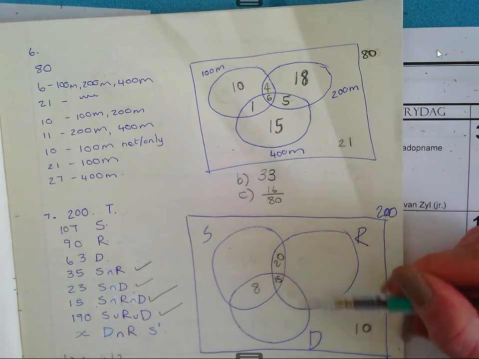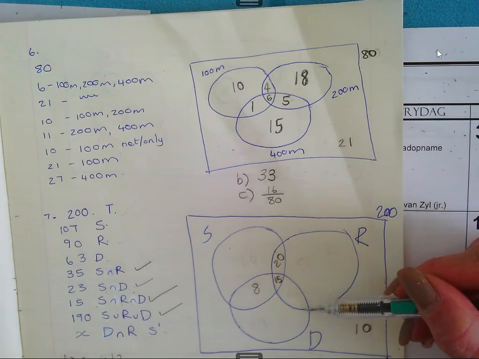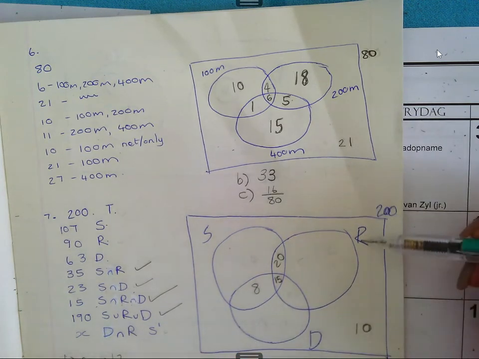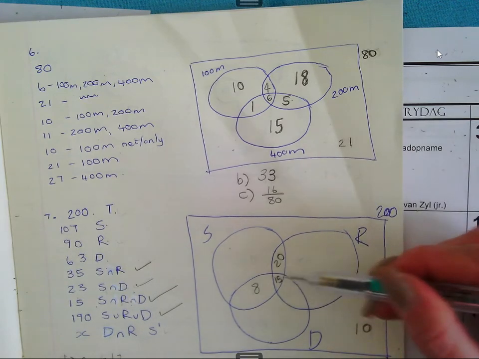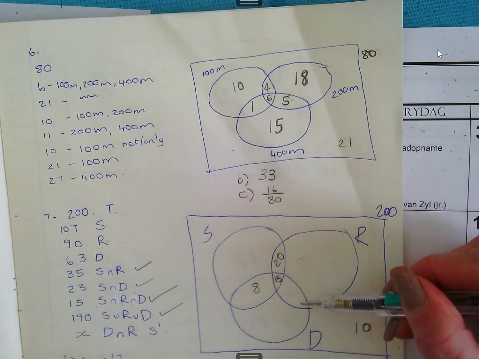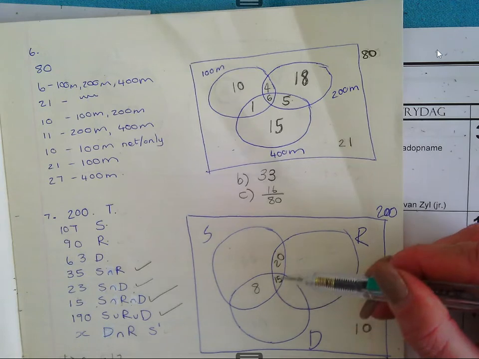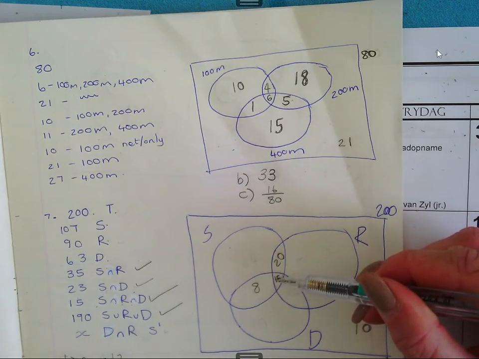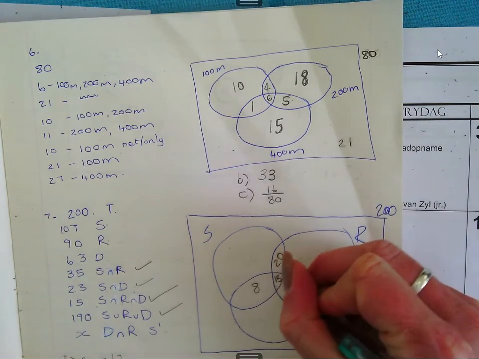Because this whole cut is for debt and retirement. But now they're saying it's for debt and retirement, so this part, but not shares. And therefore it gets rid of that middle part that's got all three of them in there. Is that clear? So therefore this whole thing is X.